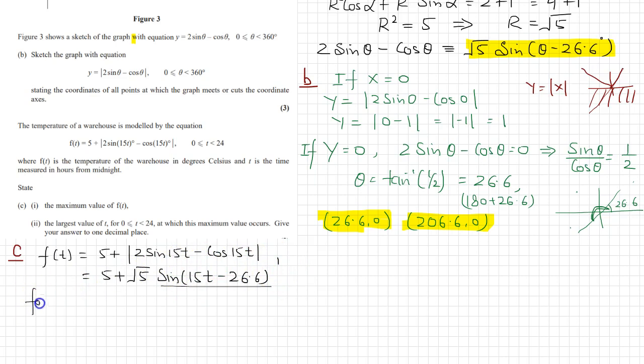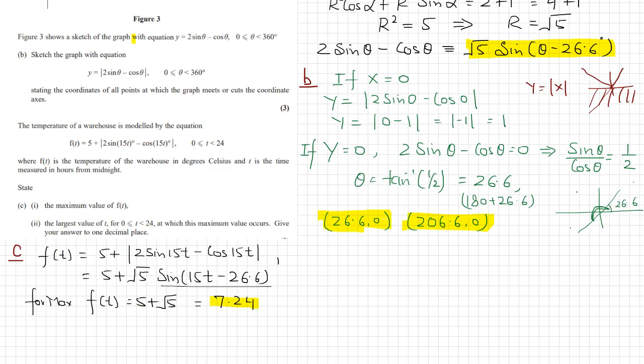So for maximum, f(t) is equal to 5 plus root 5. So that is the maximum value of the graph. You can write it like this, you can use 7.24, that is up to you. So that is the maximum value of the graph for f(t).